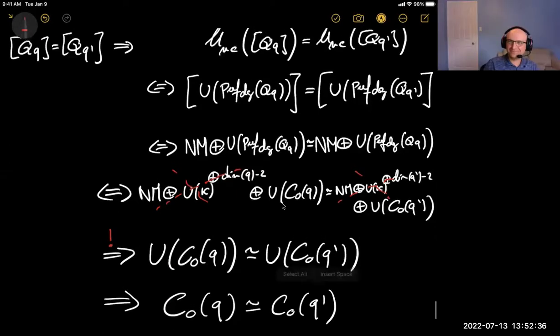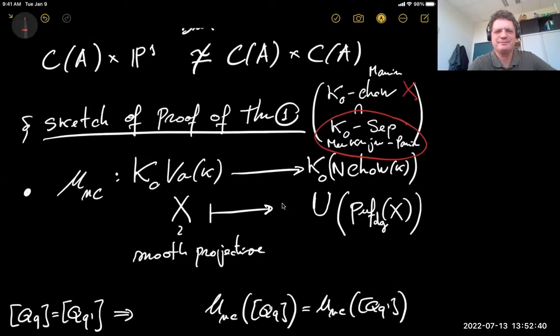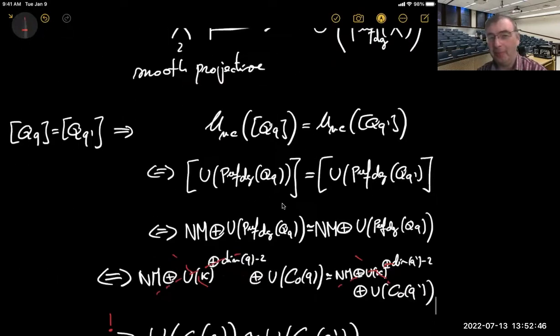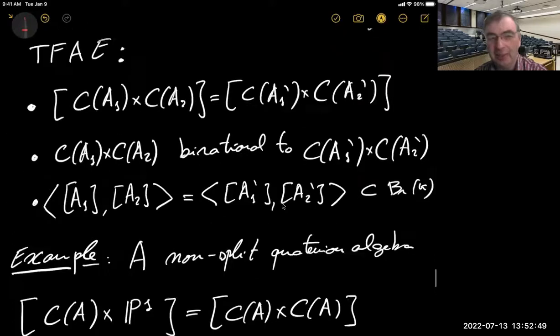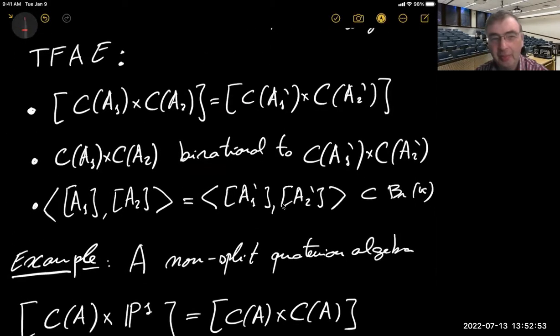Okay, other questions? So in the exceptional case that's described by Kollár, when the class in K0 is the same but those two varieties are not isomorphic, are they locally isomorphic?